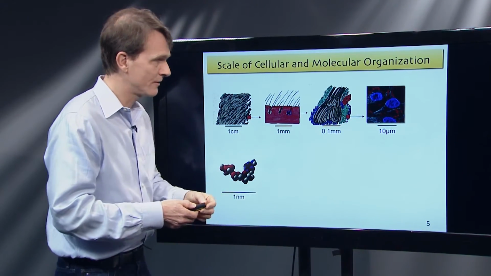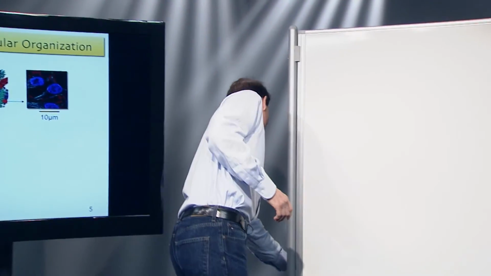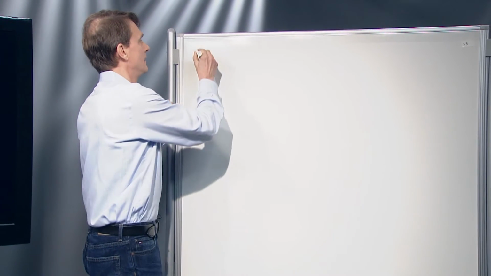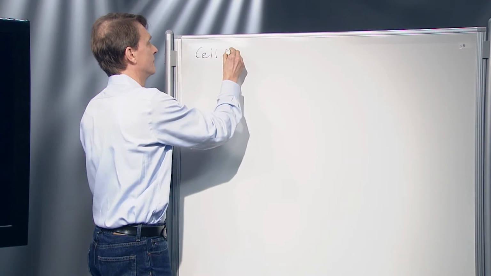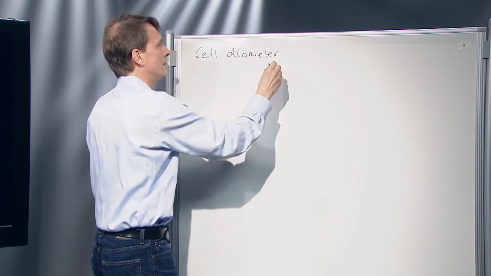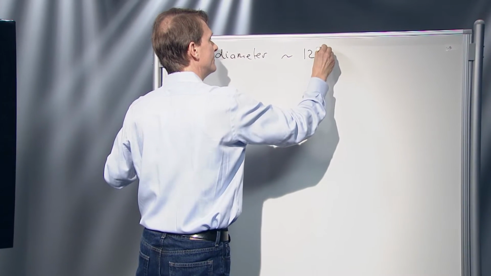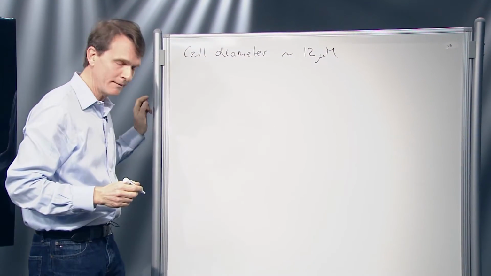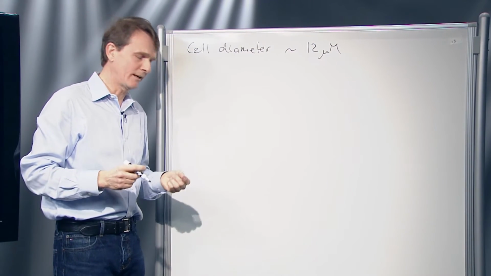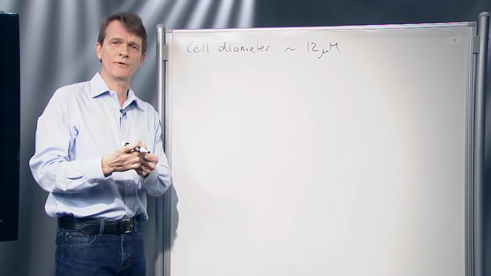So let's do a little bit of math here, or at least a few numbers. A cell diameter is approximately 12 micrometers. Okay. So now the question is, how many cells do you think are in the tip of your thumb, say?